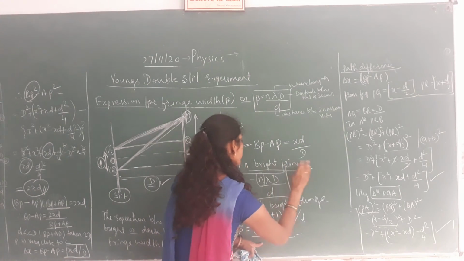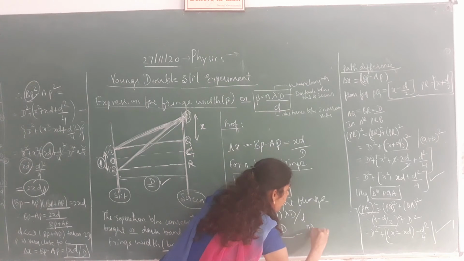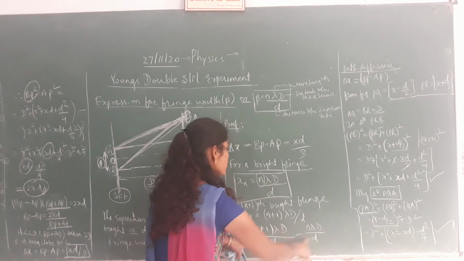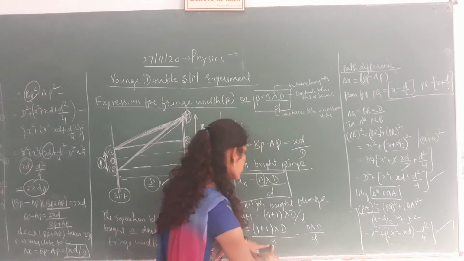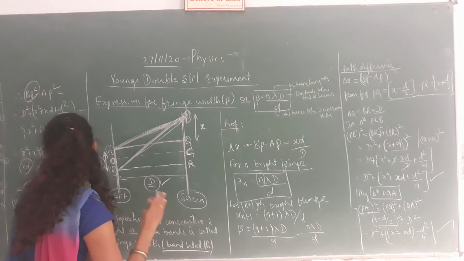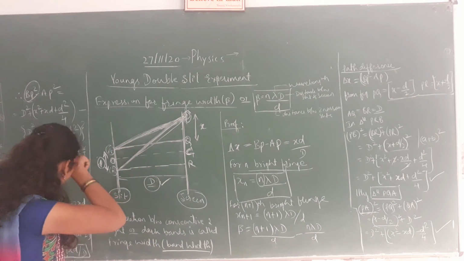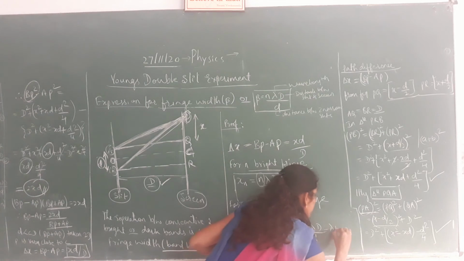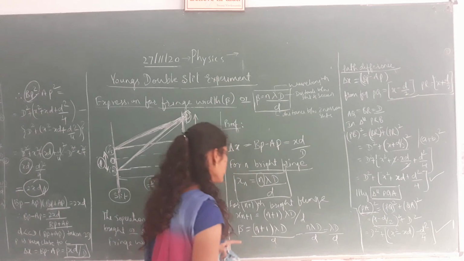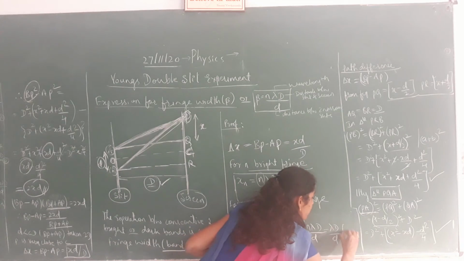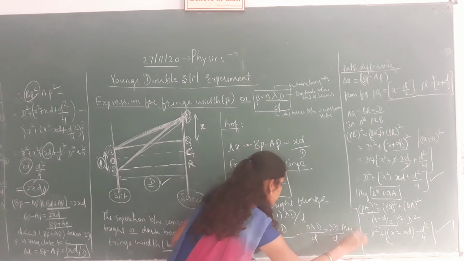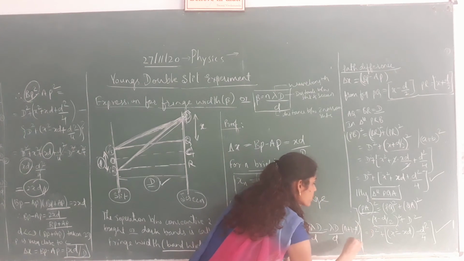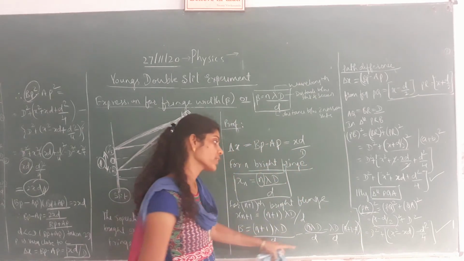So for the nth bright fringe xn is equal to n lambda D divided by capital D. Take the difference of these two. Lambda D divided by small d is common after simplification. So this becomes n plus 1, minus n. The plus n and minus n get cancelled with each other.